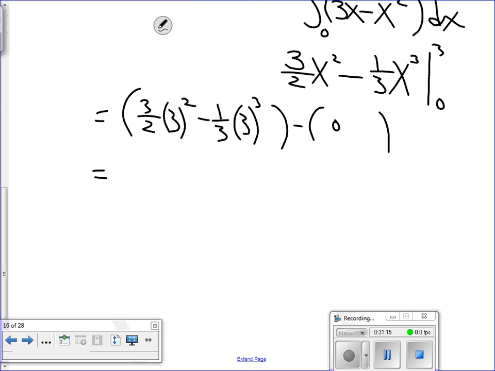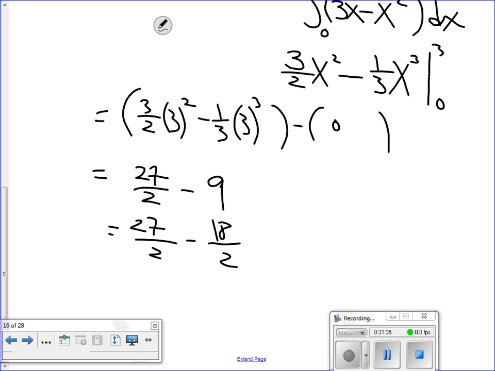Okay, so what is 3 halves times 9? 27 halves. Minus, what's 1/3 of 27? It's 9. Now we need a common denominator. How many halves? 18, so we get a final answer. 9 over 2. Time goes so quickly, don't you just hate it?